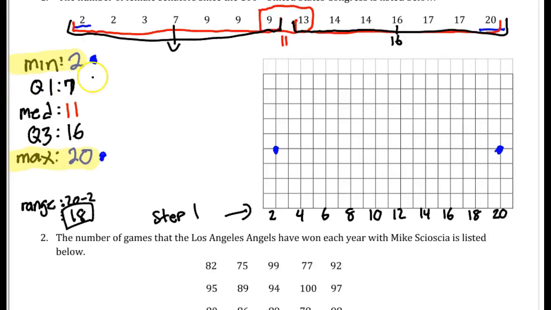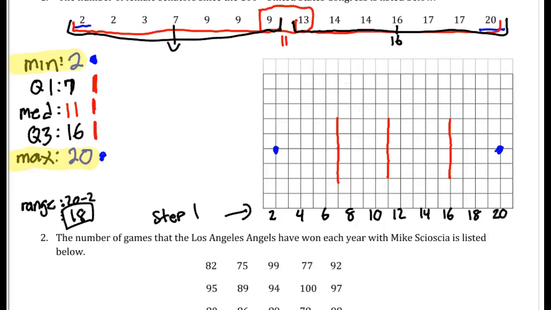Now the middle 3 are going to be vertical lines. I'm going to put a vertical line at 7. So 7's right here. I try to make the same amount above and below the dot. So here's the middle, so I went 2 up and 2 down. You could go 3 up, 3 down. Again, how tall it is does not matter. So there's a vertical line at 7, a vertical line at 11, here's 10, 11, and 16.